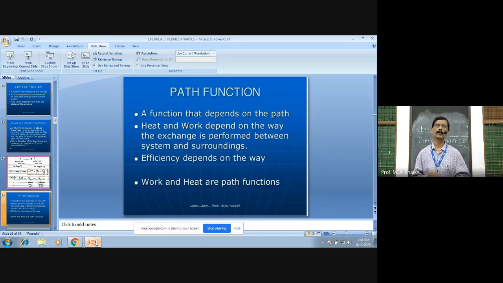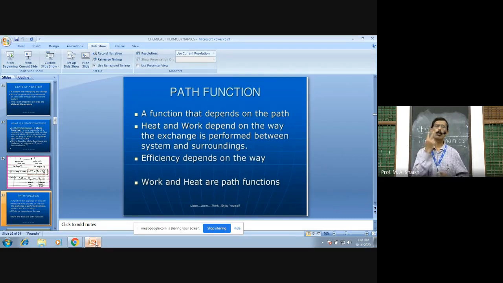The thermodynamic property that depends on the path from initial state to final state is the path function.